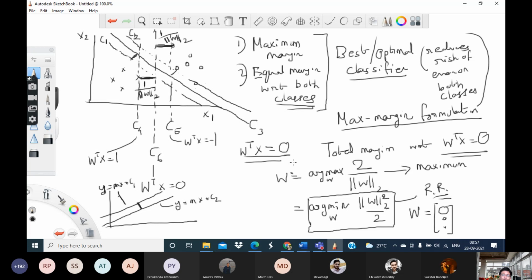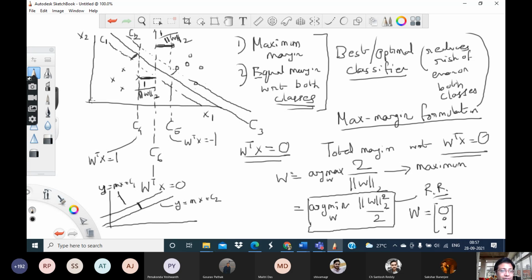No, tell me. See, my final goal is to do the classification, right? Whether it's a maximum margin or minimum margin or any other margin, that's a secondary question. First of all, I have to classify the points correctly. Now, if I take W equal to the 0 vector, it basically means it's just the origin, nothing else.